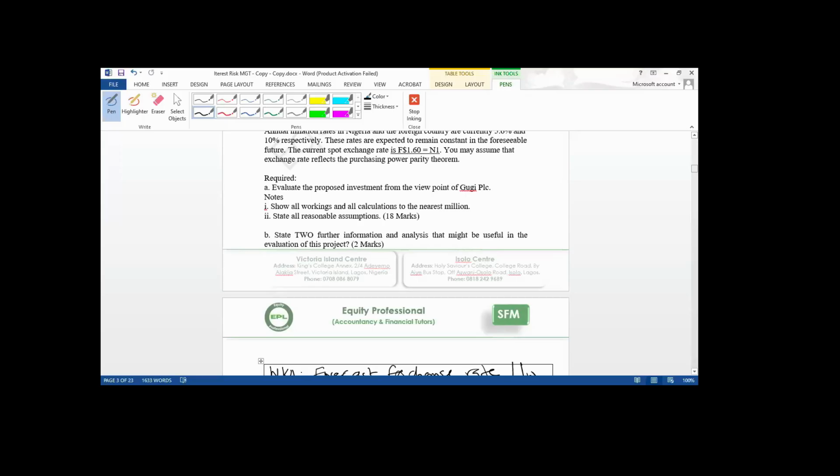We wish you all the best in your exam. As much as possible, let us try to look at what we have done. It's our belief that you'll be able to write this exam and have a good score. May God give us a better understanding.